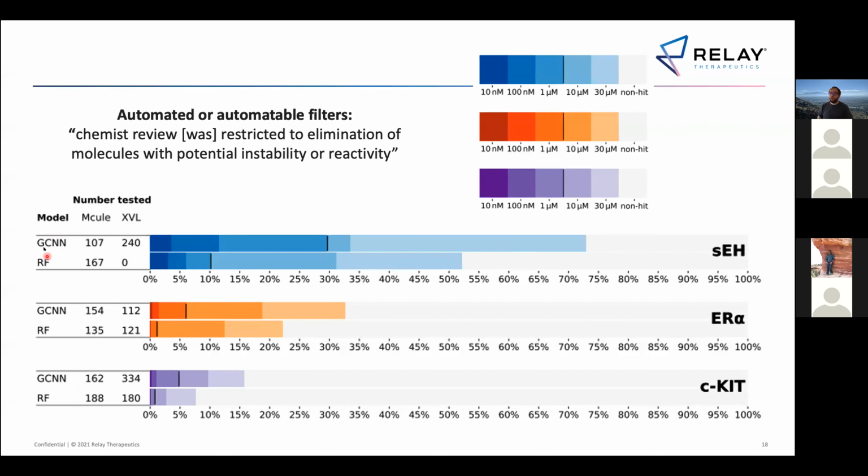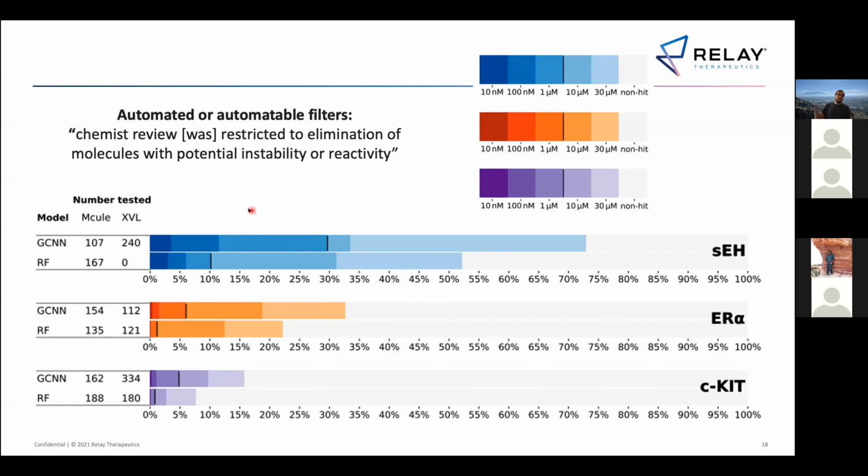And then each target has 2 different rows, one for the graph convolutional network and one for the random forest. And as you can see, the hit rates are actually quite good. These are fantastic hit rates for any virtual study. And we believe that this is the largest prospective study of this kind that's ever been done, because we bought nearly 2,000 molecules and tested them to really validate how well these methods were working.